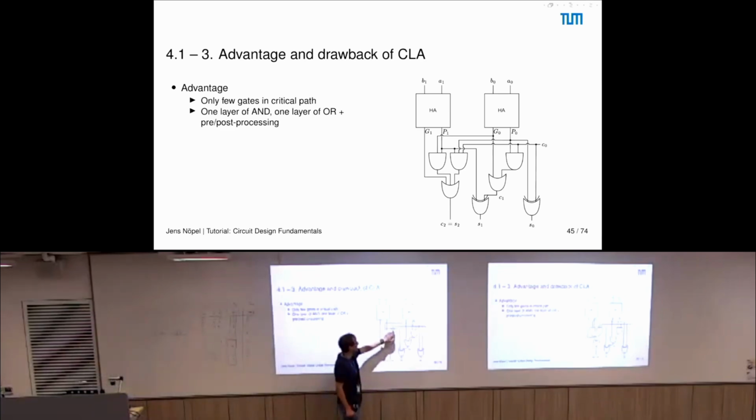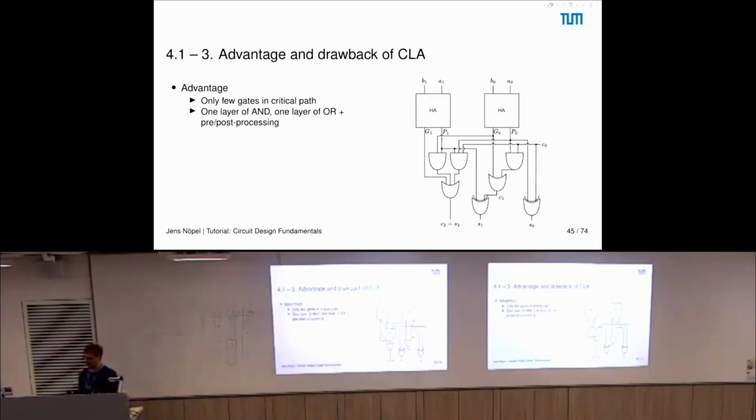And this AND gate depends on the propagate of this one, on the carry in, and on the propagate of this one. So let's assume we have multiple more bits to add. Then you would end up with a large AND gate here that is dependent on all of those other half adders, right? So this gets to a very large fan in.